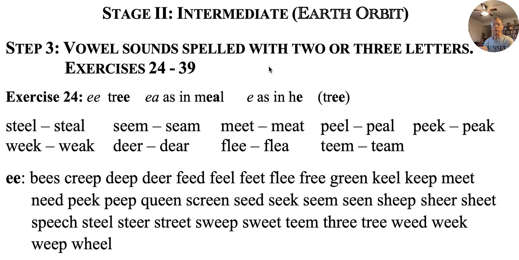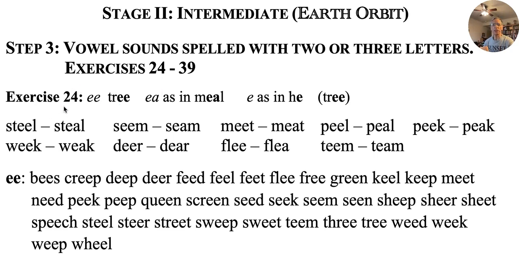We will also be studying in step 3 here some vowels like OI, for example, where it's 2 sounds spelled with 2 letters, and that is called a diphthong. So a digraph is one sound spelled with 2 letters, and a diphthong is 2 sounds spelled with 2 letters. So we'll be studying those side by side.